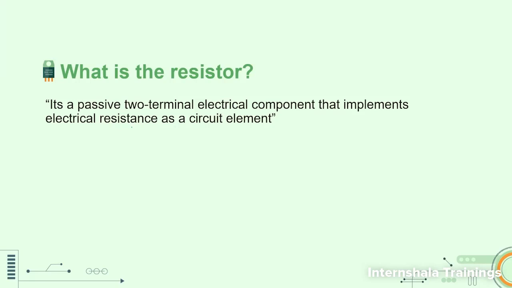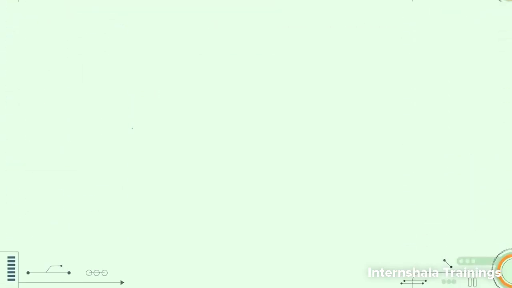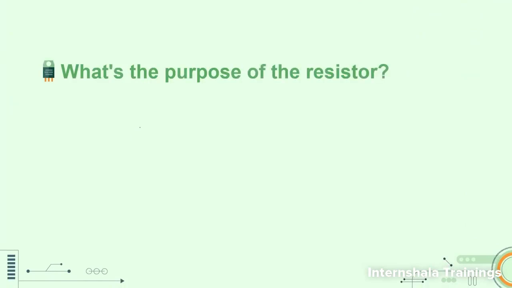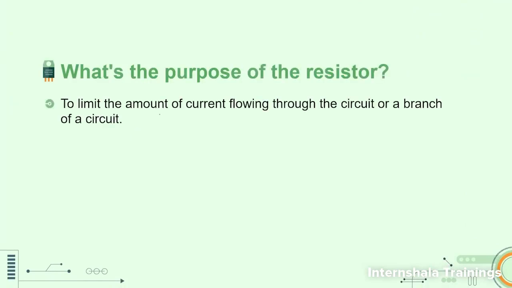Now let me explain the purpose or application of a resistor in an electrical circuit. The first purpose is to limit the amount of current flowing through the circuit or a branch of the circuit.